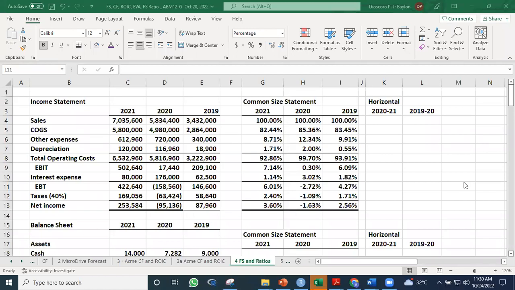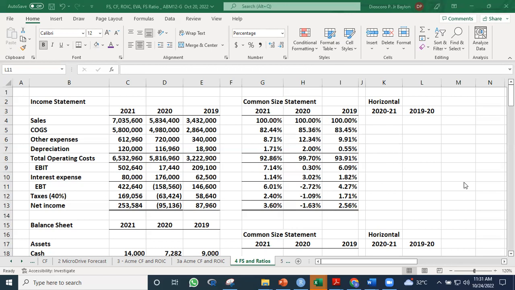Tapos may iba pang expenses. 8 pesos daw yung ibang expenses na hindi kasama dun sa cost of goods sold. So, ang total operating cost natin sa bawat 100 pesos is 92.86. 92 pesos and 86 centavos yung total operating cost.